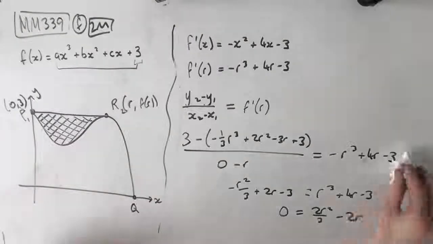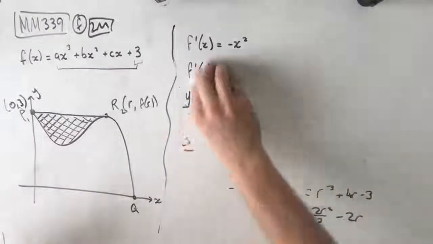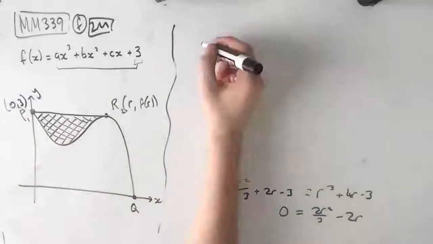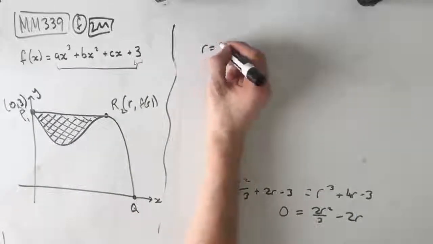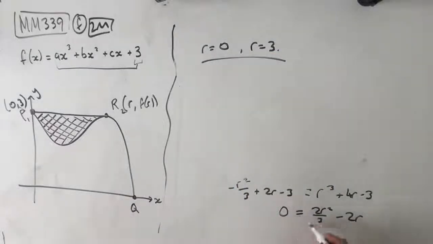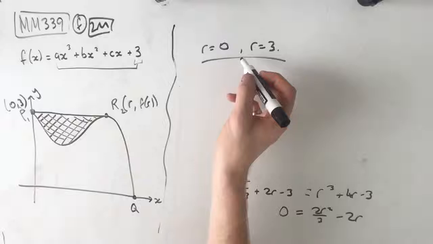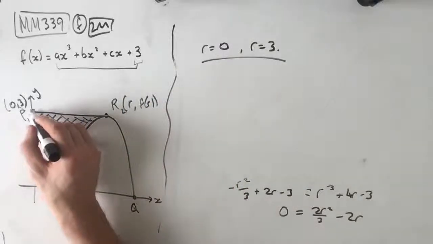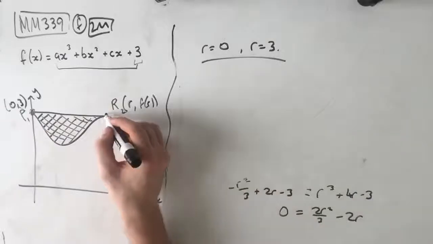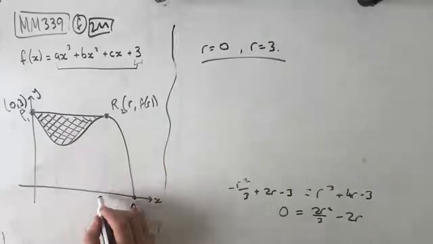And then we can solve for r there. So what we get is r equals 0 and r equals 3. Okay, so r equals 0 here is just our P value, so we know it's not that one. R equals 3 is this spot right here.